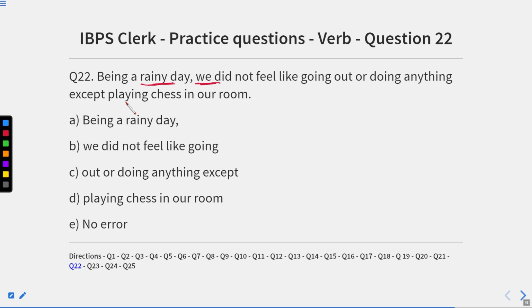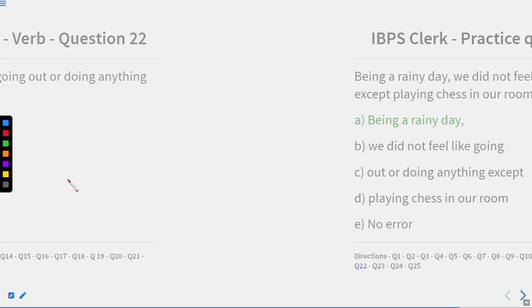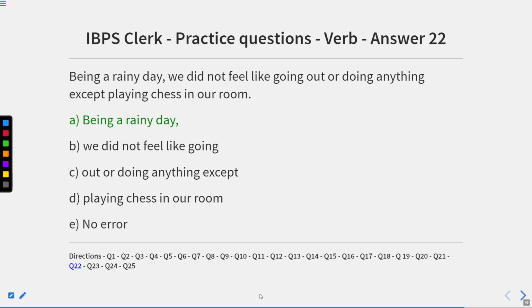If we write "being a rainy day", it means we are a rainy day, or this person that we are talking about is a rainy day, but it is not correct. So here "rainy day" is talked about the day only. Therefore here before "being" we should use "it". So the correct answer should be "it being a rainy day". Before "being" we should use the word "it".